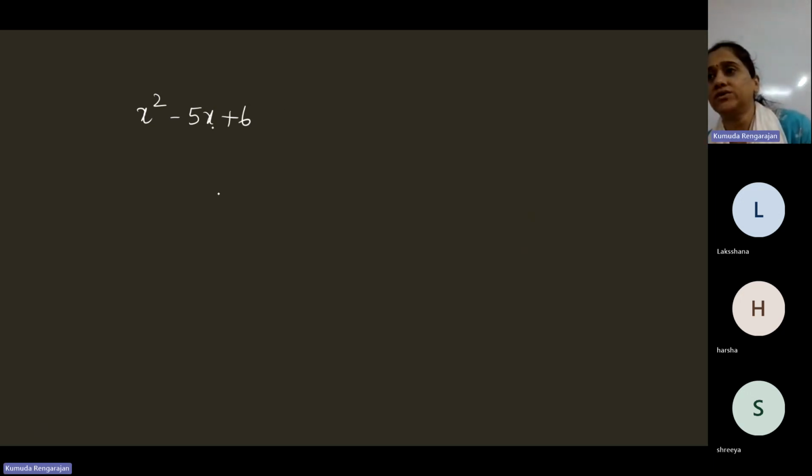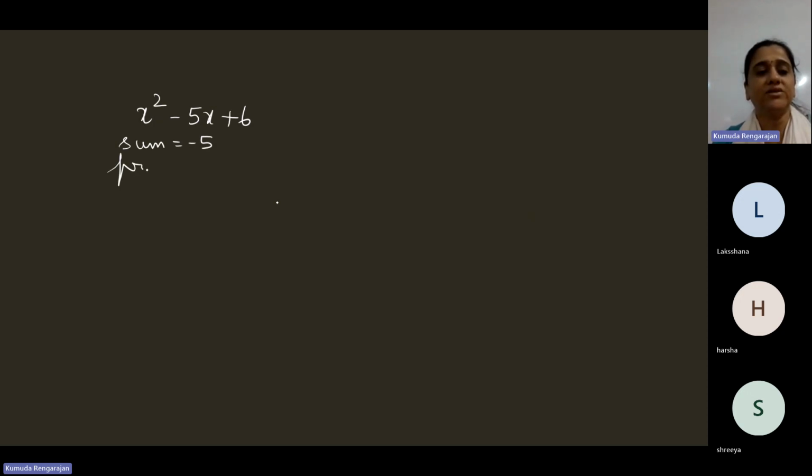How do you factorize this? Sum is minus 5. Product is 6. Minus 3 into minus 2. Correct. So the two numbers are minus 3 and minus 2.